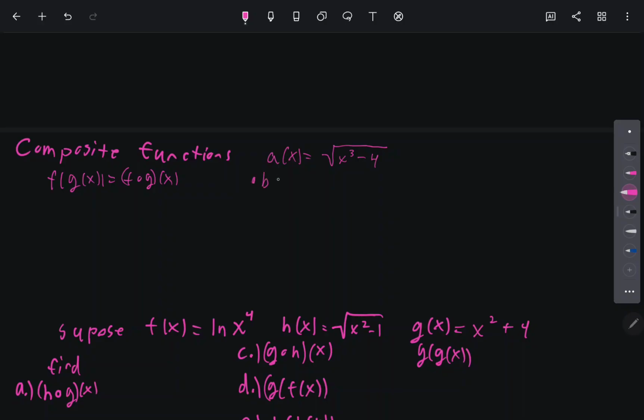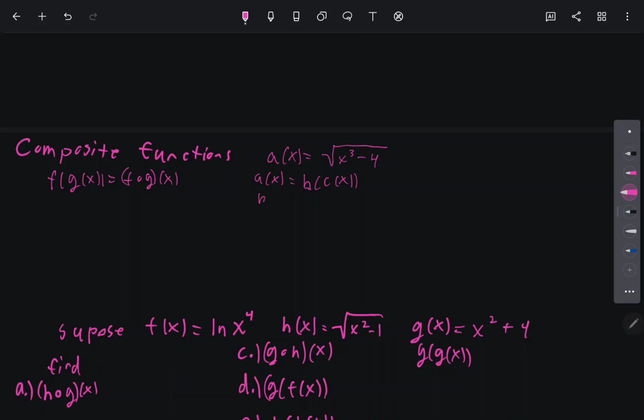For simplicity's sake, let's say a of x is going to be equal to b of c of x.